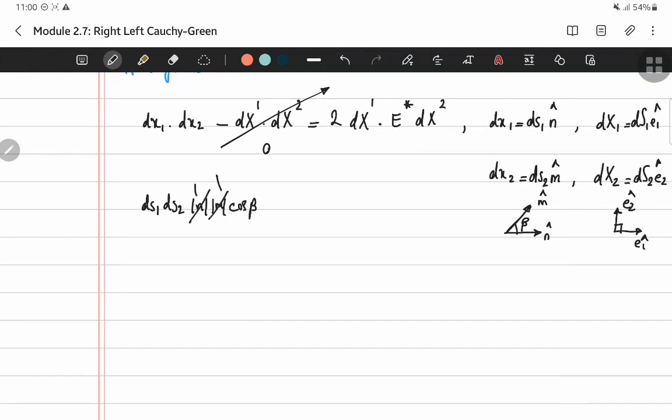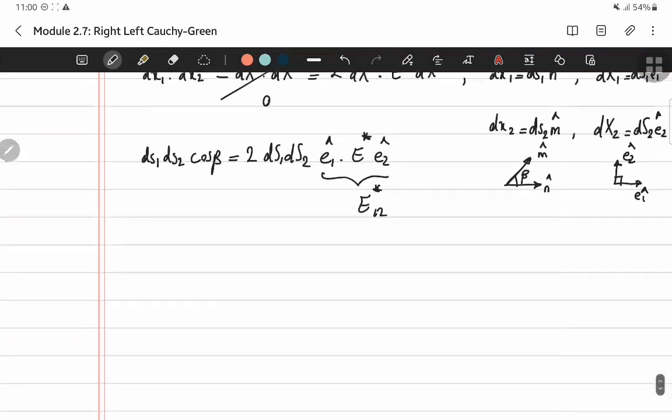These are unit vectors, so their dimension is 1. So I have cosine beta in here equal to, this is 0, this is 2 ds1 ds2, and this is e1 dot e2, and this is E star 12.